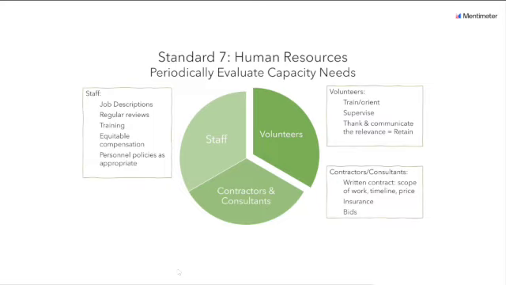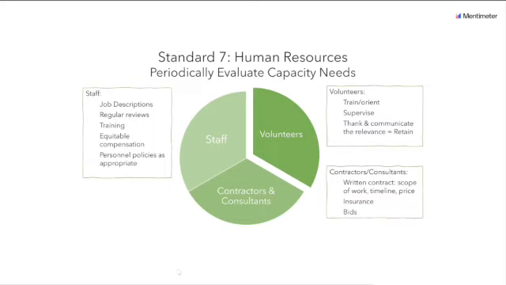If and when an organization employs staff, Standard 7 covers having job descriptions and regular performance reviews, which are done by the board for the executive director and by the executive director for other staff. It covers arranging for appropriate training, paying fair salaries, and implementing personnel policies that are appropriate to the size and scale of the organization and required by law.